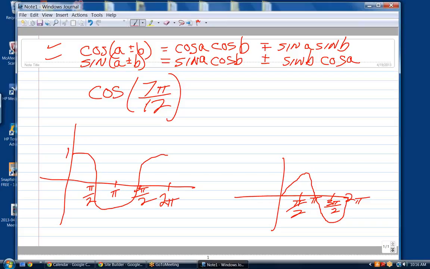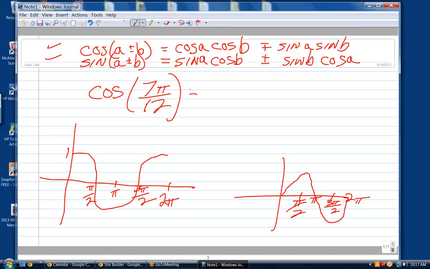Now, let me make a suggestion. If you're not yet comfortable thinking in radians, then turn it into degrees and figure out how to break that up. I'm comfortable enough that I recognize this. That's 3 pi over 12 plus 4 pi over 12.